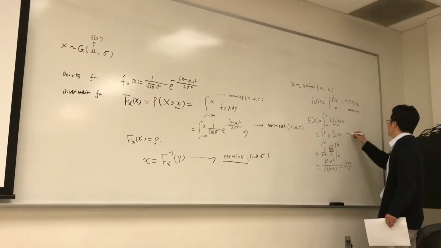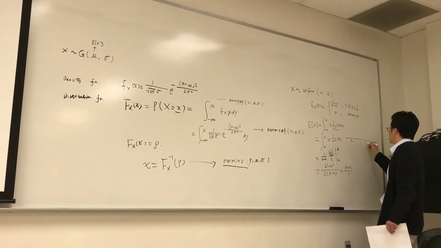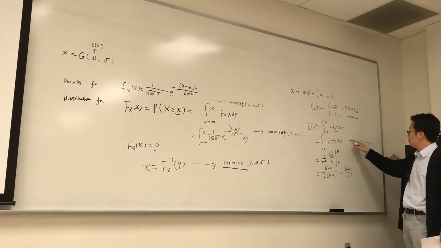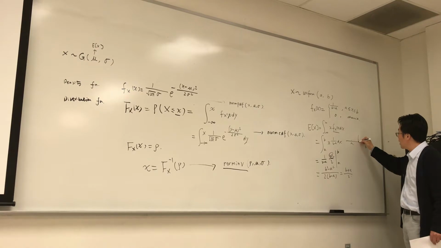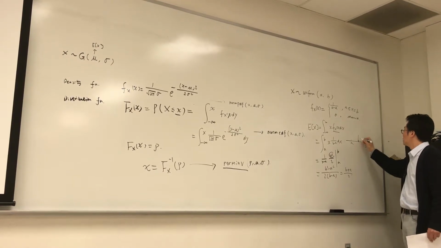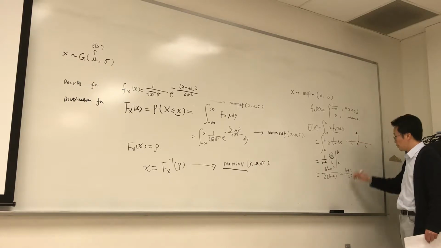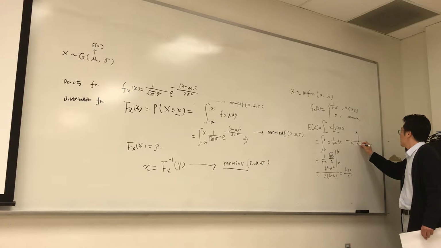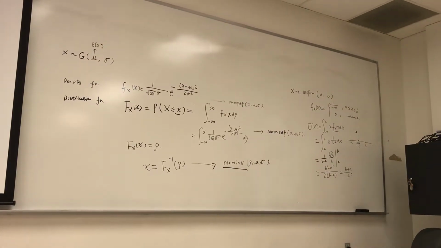Uniform literally means it should be uniform between A and B. Okay, so that's the reason why the mean value here should be A plus B over 2. That's the average, right? That's the middle point of this interval.